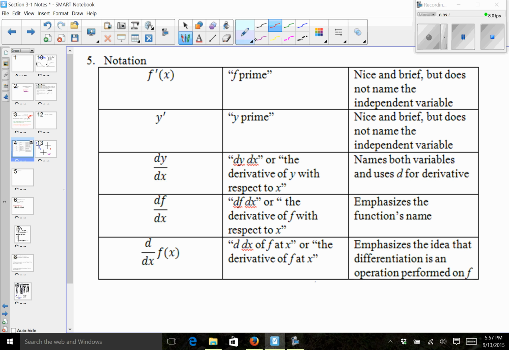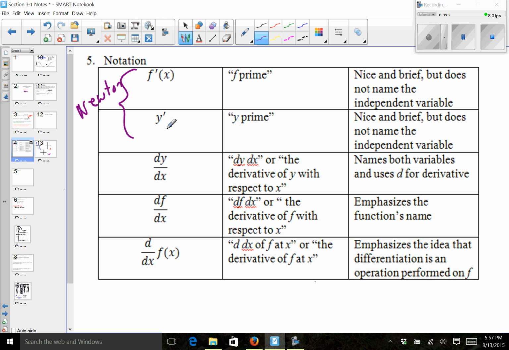These first two ways are from Newton. Well, they're a variation of it. He actually used a dot and called it fluxion, F-L-U-X-I-O-N. But the dot kind of metamorphosed into an apostrophe. And when we see this, it is pronounced prime. So this would be f prime or f prime of x.